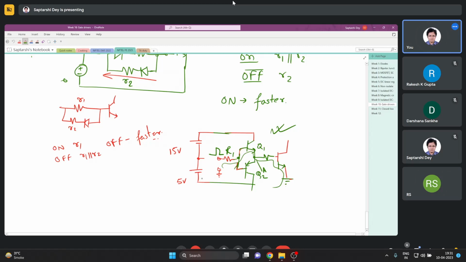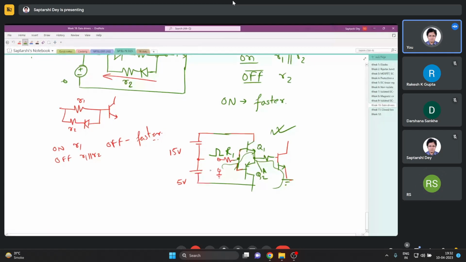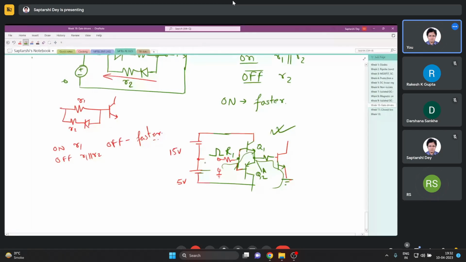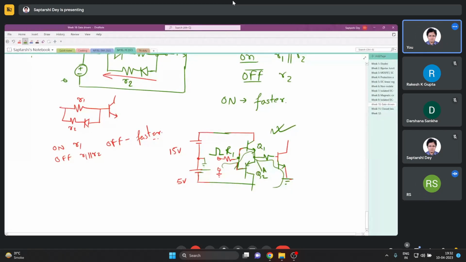If you have this minus 5 volt, the objective of this 5 volt is to get back that stored energy faster. So they are going back to this. The ground is connected there also.